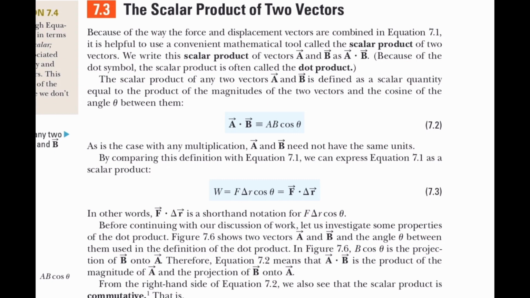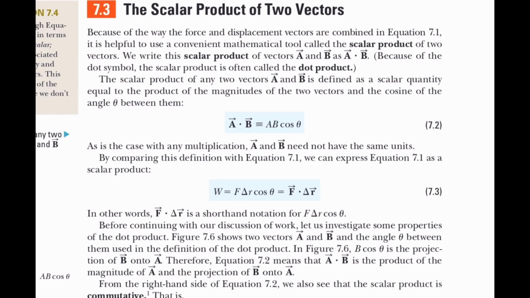We write the scalar product of vectors A and B as vector A dot vector B. Because of the dot symbol, the scalar product is often called the dot product. The scalar product of any two vectors, A and B, is defined as a scalar quantity equal to the product of the magnitudes of the two vectors and the cosine of the angle between them.